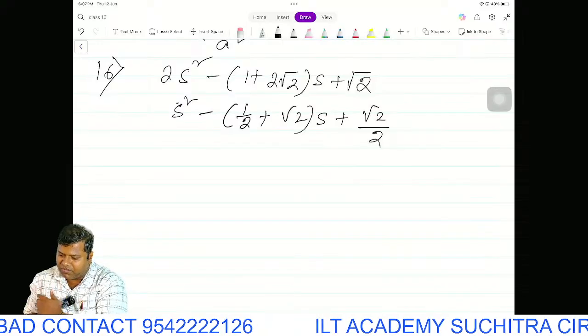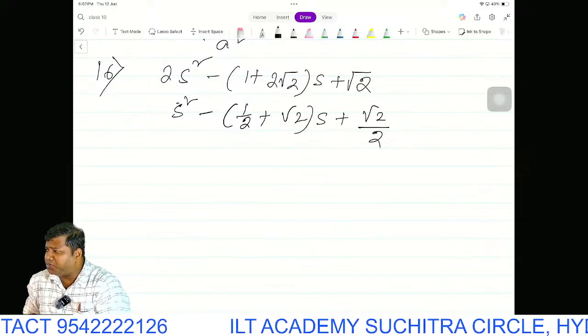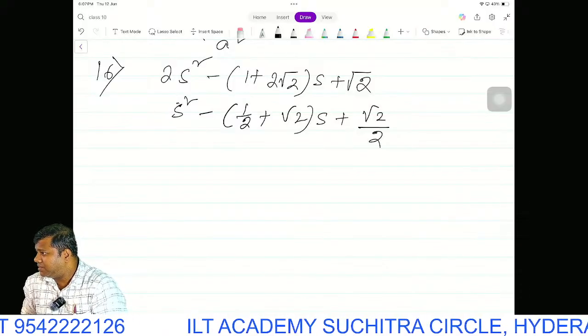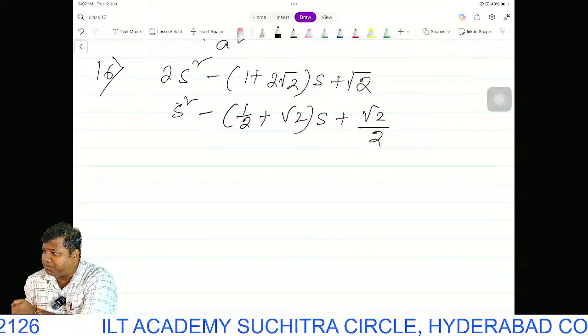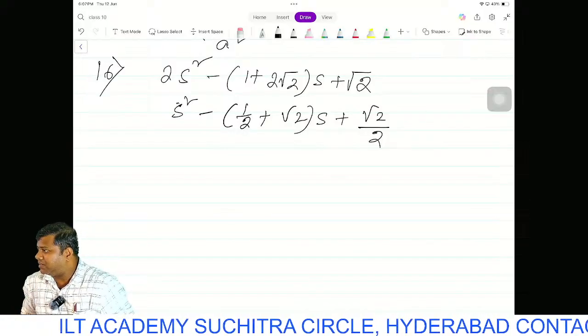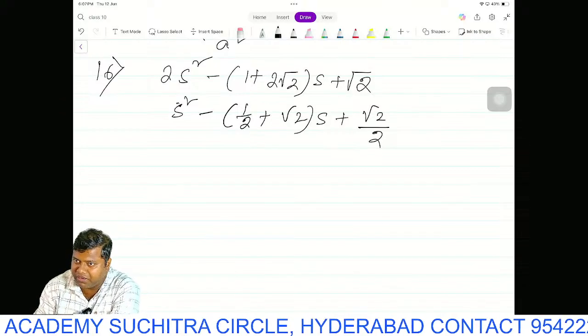Alpha into beta is root 2 by 2 and alpha plus beta is minus 1 by 2 plus root 2. So basically alpha is 1 by 2, beta is root 2. This is actually in the form of x square minus alpha plus beta times x plus alpha dot beta. How will you write the answer?